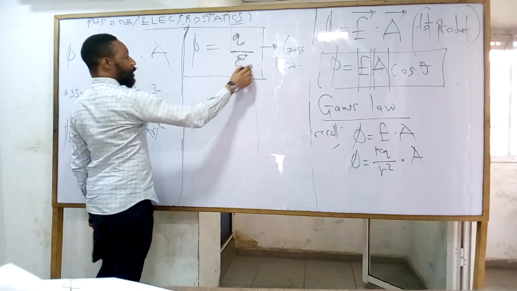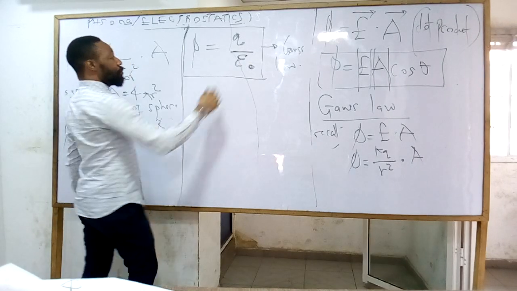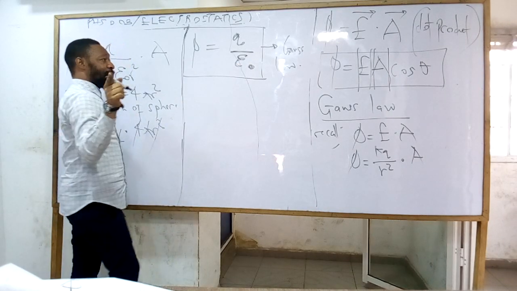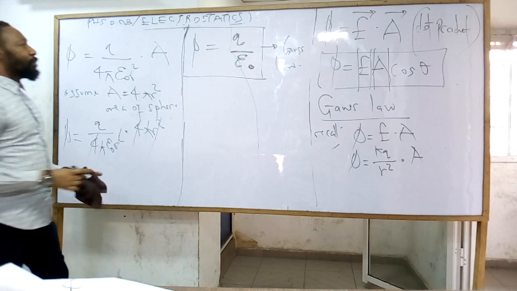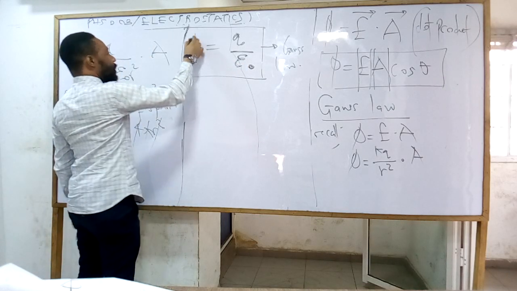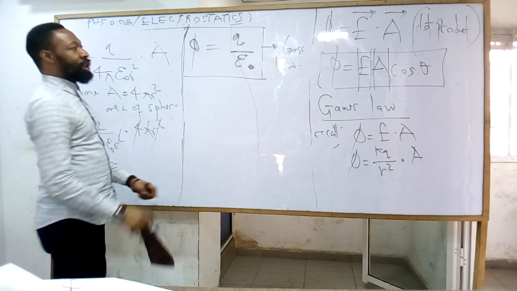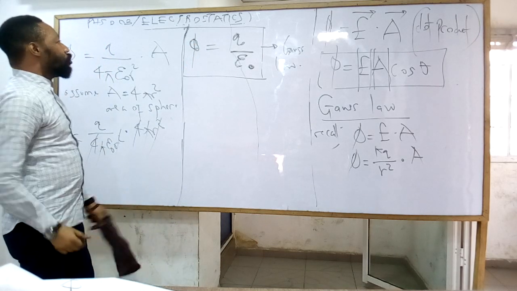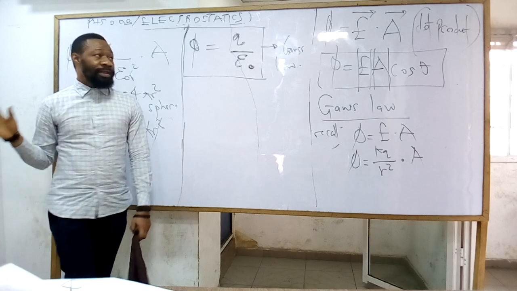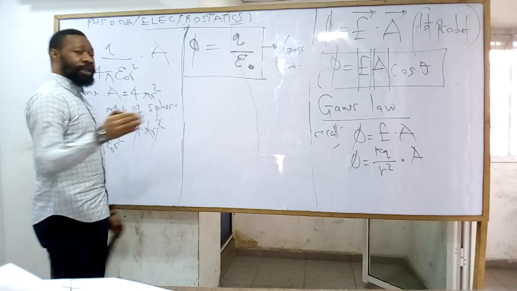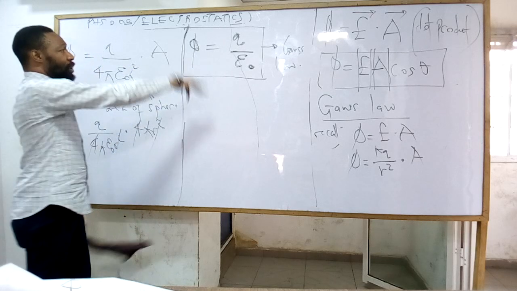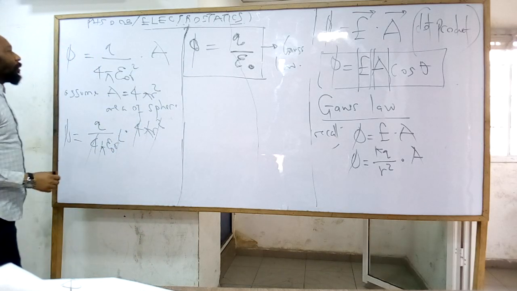And if there's a medium, you have to introduce the permittivity of the medium, which is the product of the relative permittivity and the permittivity of free space. Very easy. If you check again, the unit will also correspond to the initial unit of flux I gave you. So this expression is Gauss law. State Gauss law, remember this formula, turn it to a statement, and you have stated Gauss law. So with an MCQ, check the expression that goes with this ratio. That's Gauss law. Alright.